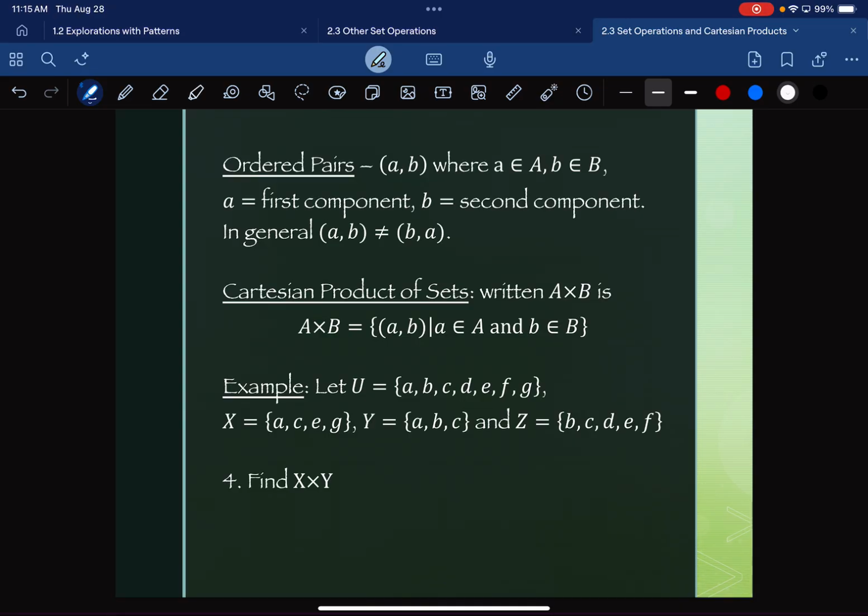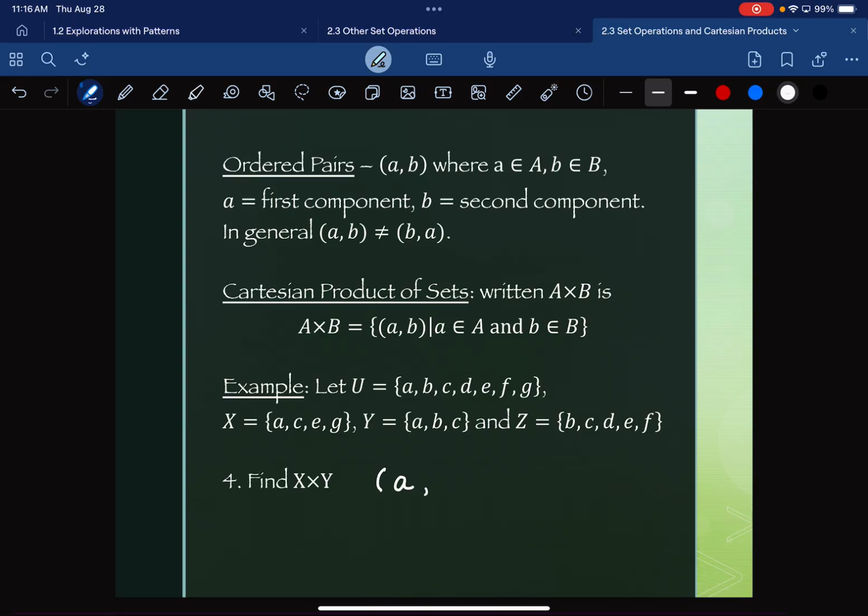So we're going to take a look at the sets U, X, Y, and Z, just like we did before, okay? But we're going to do now the Cartesian product of X cross Y. So as we take a look at this, we're going to create a bunch of ordered pairs. The first thing we have to do is take an element from set X, and that first one is A. I'm going to pair this element A up with an element from set Y. There's an A over there too.